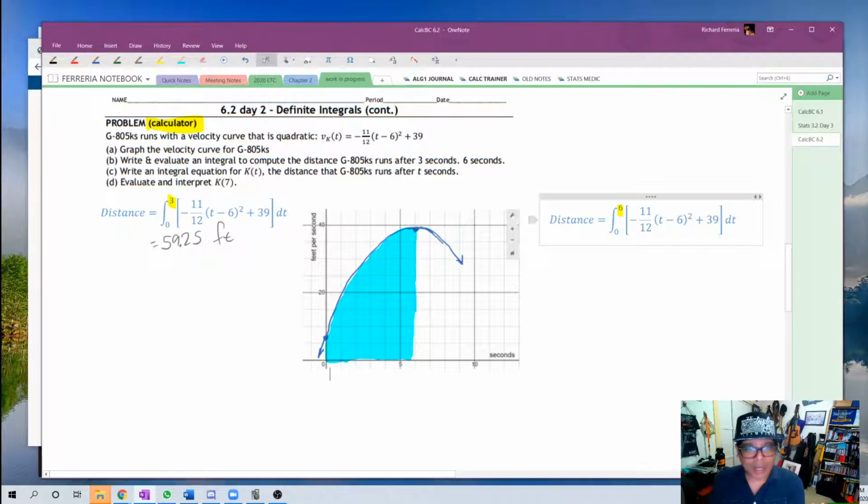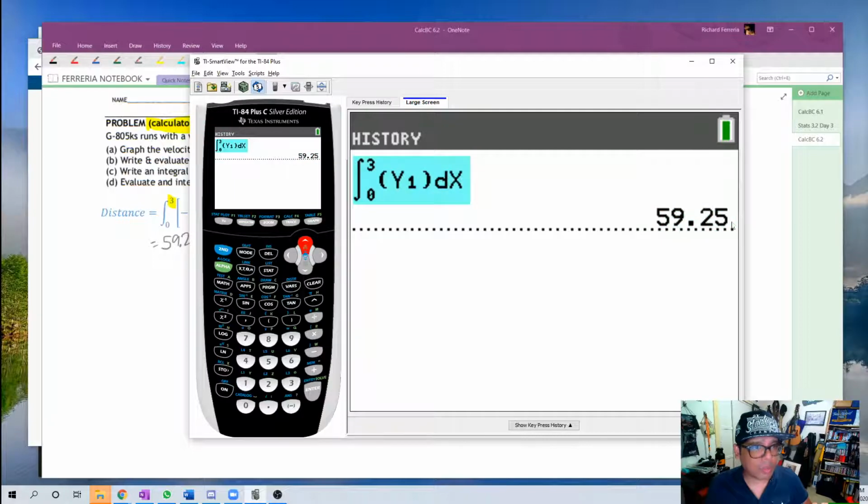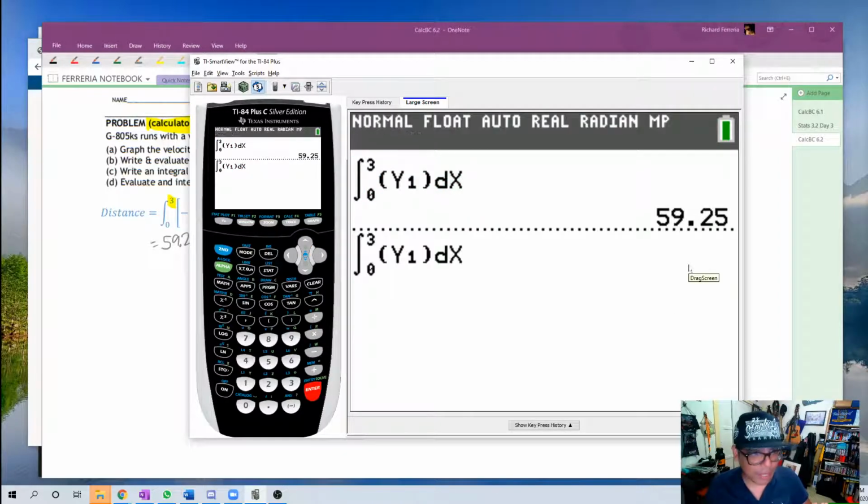I'm going to go back to the calculator to calculate this, and I'll show you a shortcut if you don't want to type that entire thing over. We're going to push the up arrow until we highlight the entry that we want, and then push the enter key, and that will copy and paste that into the next line of the calculator.